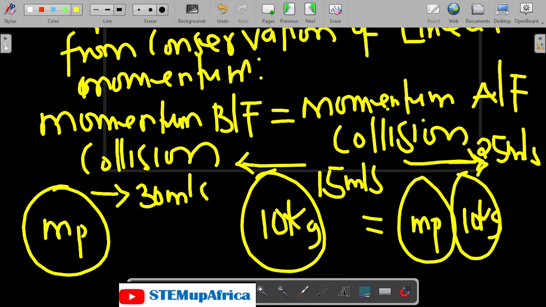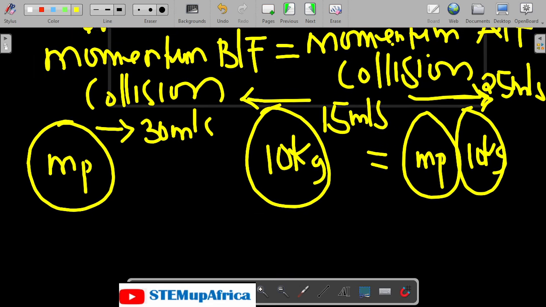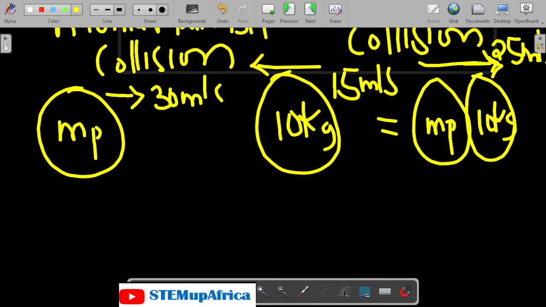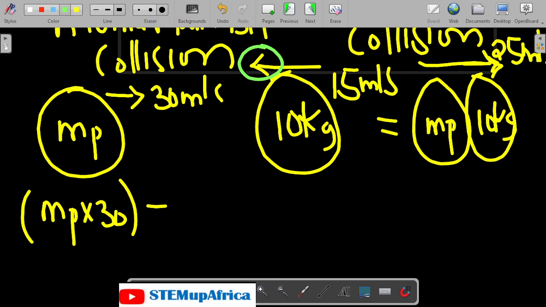Okay. So what is now the momentum before collision? Momentum we know is mass times velocity. For the first body, I'm going to have MP times 30. Here will be minus, not plus, because this body is moving in the opposite direction. You can see the arrows, they are in opposite directions.